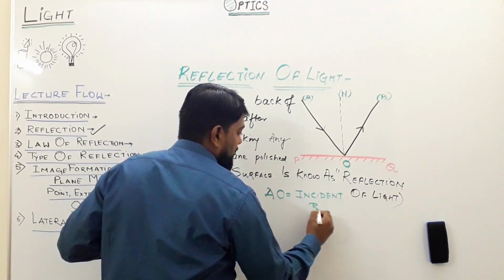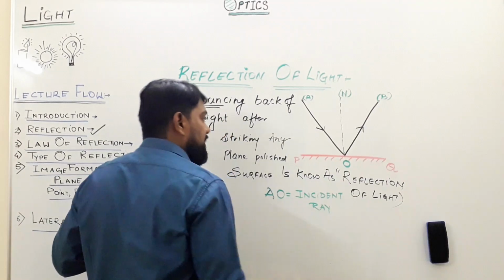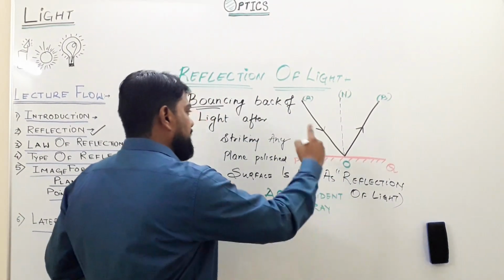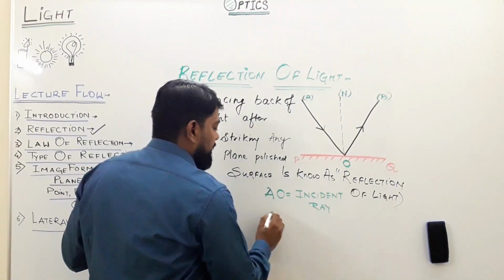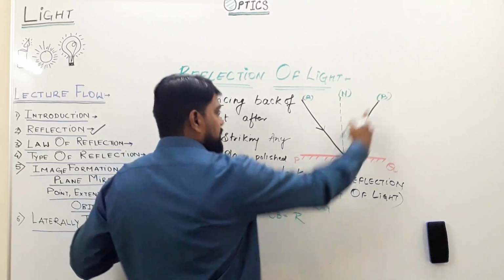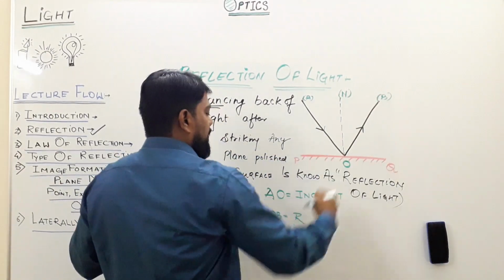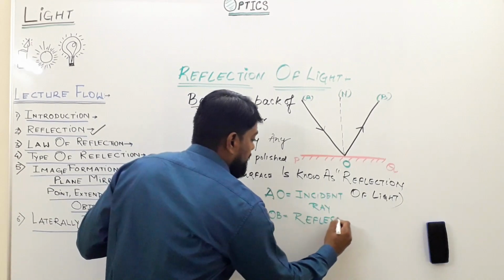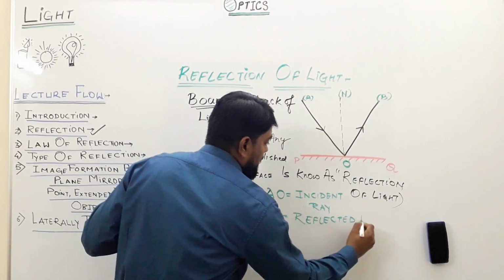It means the ray which comes towards the plane polished surface is known as incident ray. And OB, the ray which goes away from the plane polished surface, is known as reflected ray.